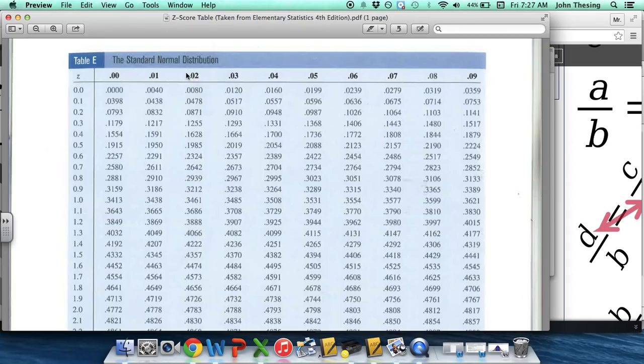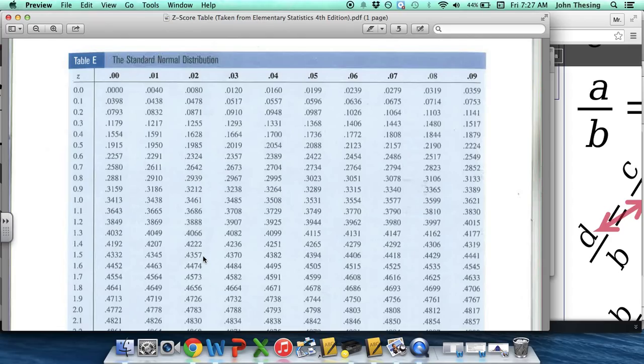Which makes sense. So for 1.52, what you need to do is look over 1.5, and then scroll over until you get to the 2 column. So here's the 2 column, here's the 1.5. Those two come together right here at this decimal, 0.4357.